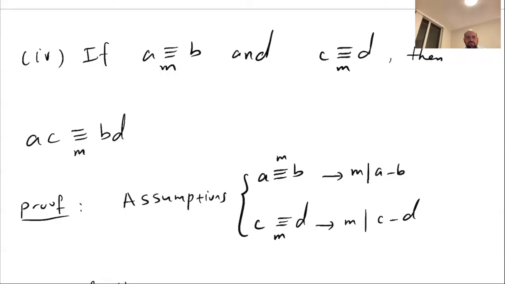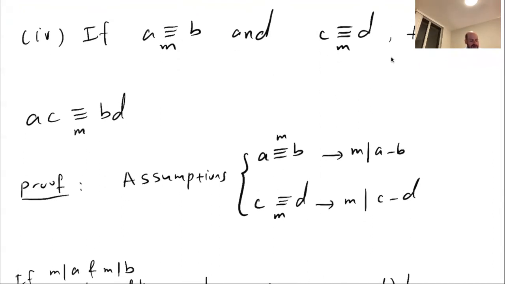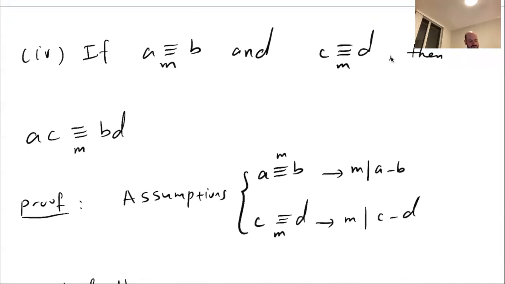Proof. The assumptions here are A is congruent to B mod M, which means M divides A minus B according to the definition of congruence, and also C is congruent to D, which means M divides C minus D. So these are my assumptions. Now, what do I want to show? I want to show that AC is congruent to BD mod M.